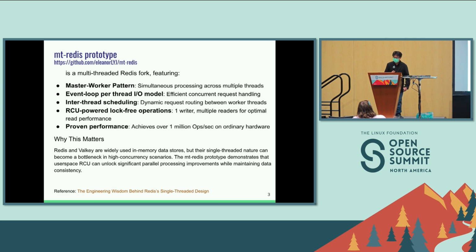Second, we want to refine the existing event loop, making it work per thread I/O model. And then we want to utilize RCU for lock-free operation, meaning that we ensure only one writer along with multiple readers to achieve optimal read performance. After all, I will show you some numbers for the research prototype.